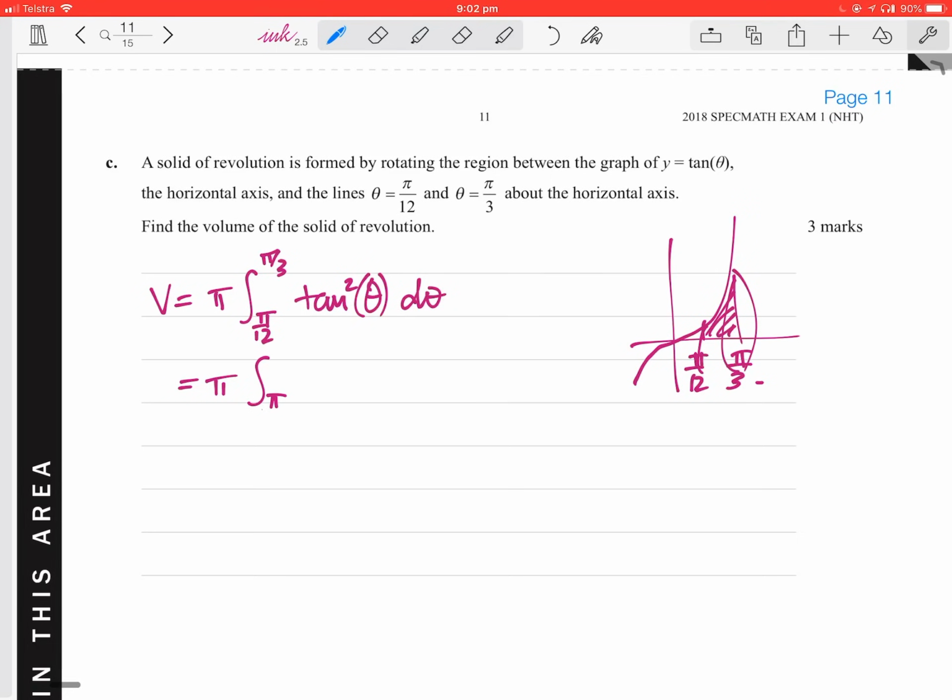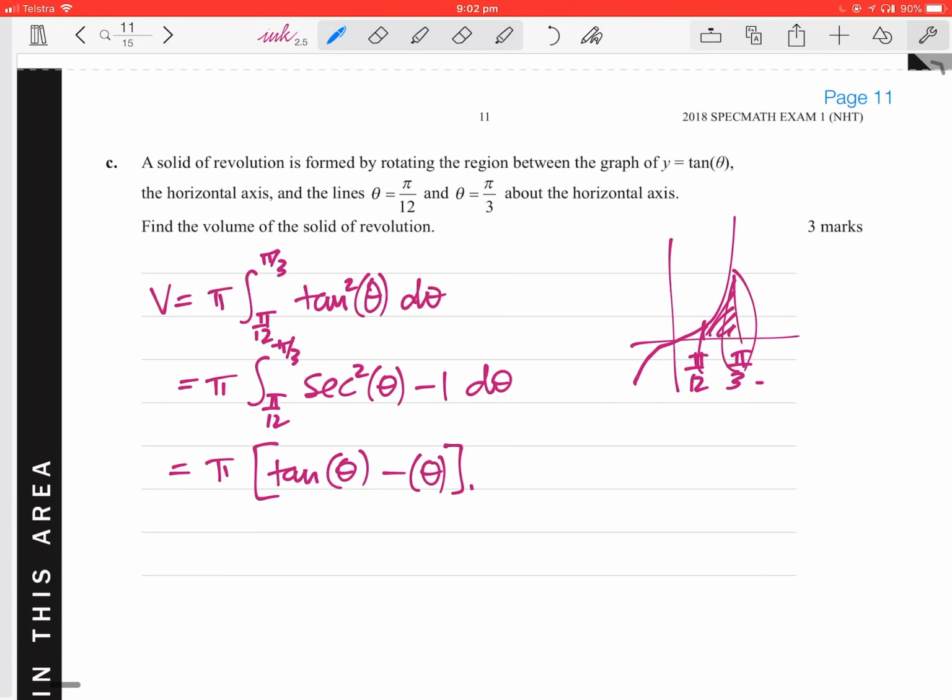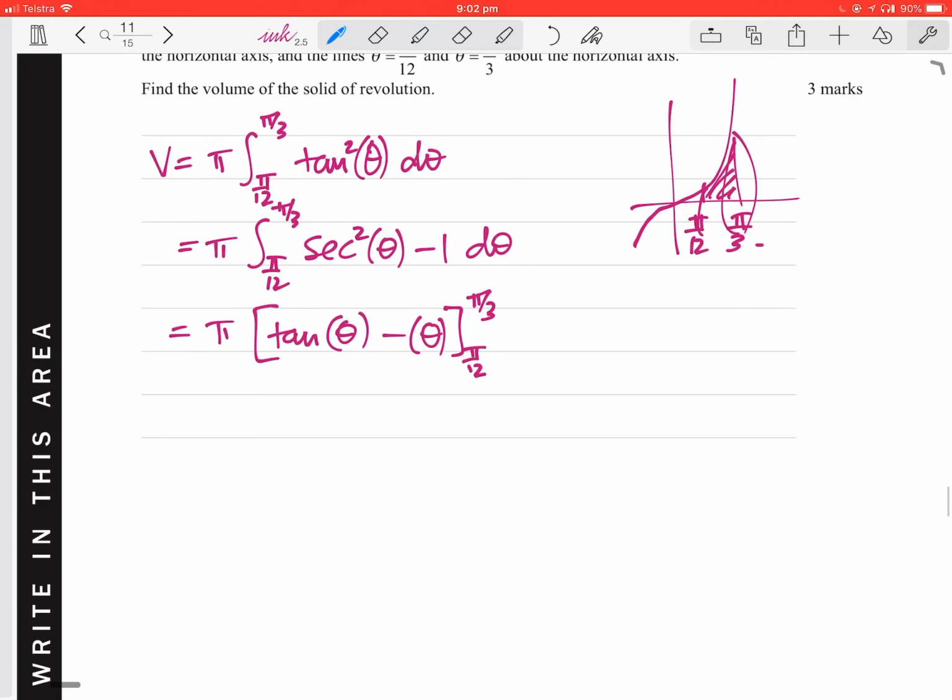So pi times the integral of sec squared theta minus 1 d theta. Sec squared theta integrates to tan theta, minus, integrate 1, we get theta, from pi on 12 to pi on 3.